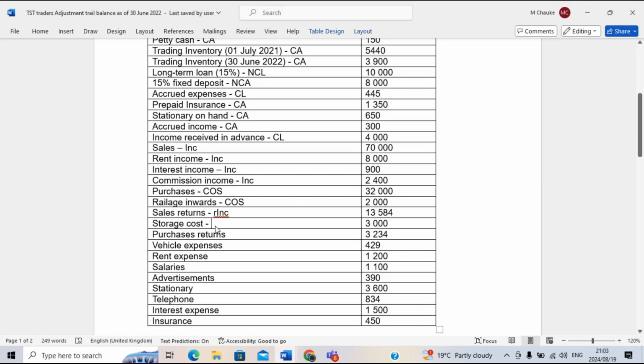Now, storage cost. Storage cost is an expense. So I'm going to say EXP. That is an expense. Purchase returns is one of the items for cost of sales, so we'll deal with it when we do calculations for cost of sales. So it's going to be a COS item as well, right? And then vehicle expenses. This one is obvious, it's an expense. And then rent expense as well, it's an expense. Salaries is an expense as well. Advertisements expense as well.